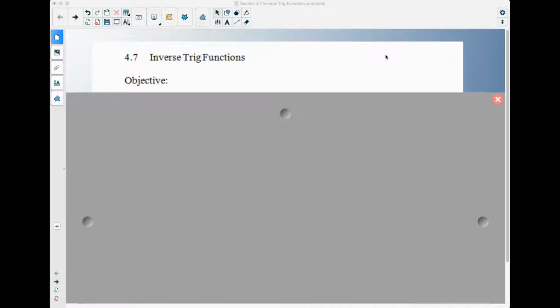Also, when we did inverses, if it fails the horizontal line test, the inverse is not a function. So think about our spaghetti graphs we've been doing and all the graphs that we've had recently. Would those pass the horizontal line test?